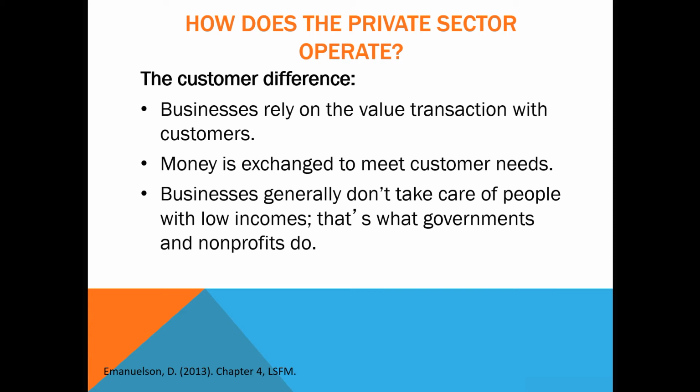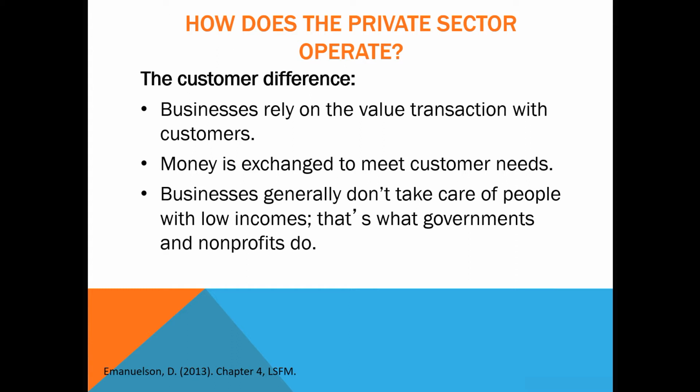So how does the private sector operate? Well, in the private sector, it's really the customer difference. Businesses obviously rely on value transaction with customers, whether that value transaction is a good or a service.